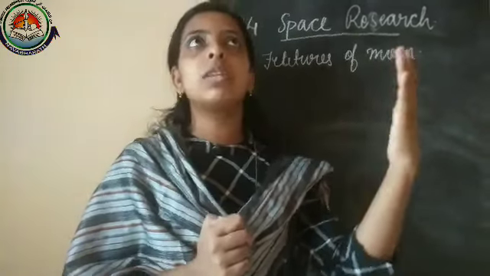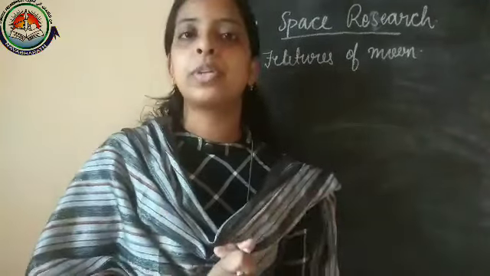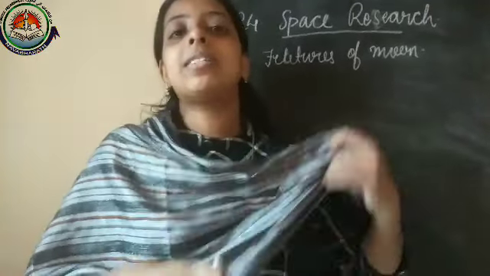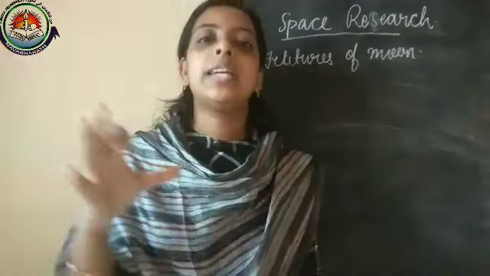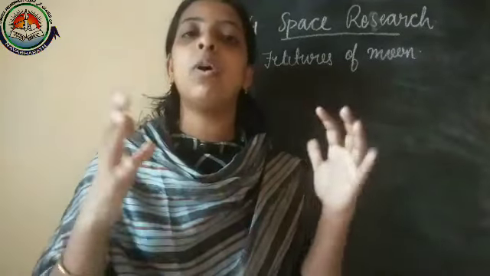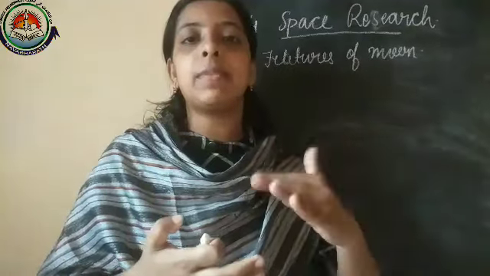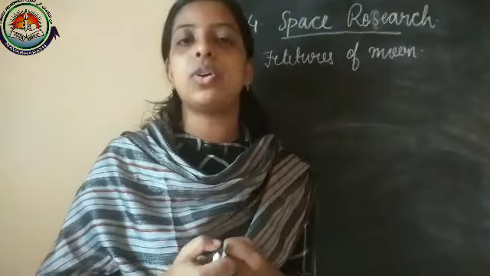When we look at the sky, we can see the bright color of the moon, because it actually reflects the light from the sun. So in daytime the moon will be warmer, but at night it will be very cold. That is the second feature of the moon.